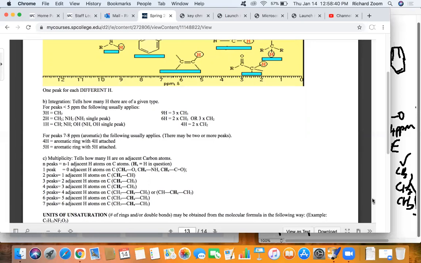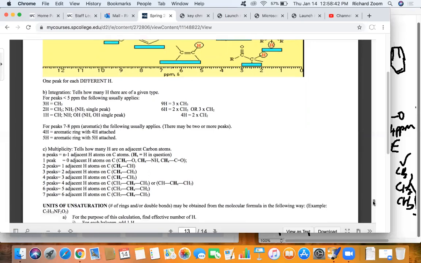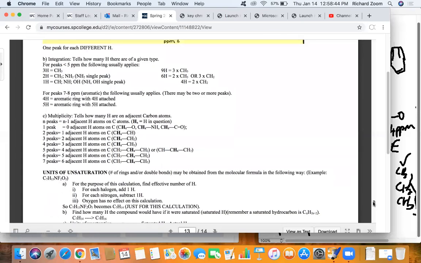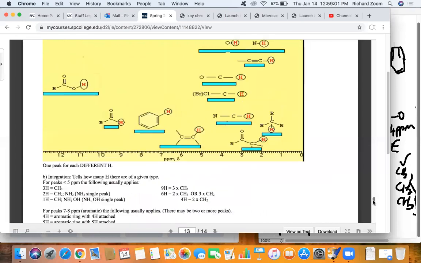There's also, on this same chart, which you have access to obviously on the test, units of unsaturation. So the rules for units of unsaturation, as well as an example of how to figure out how many units or unsaturations or double bond equivalents there are in a compound. So that's stuff you already have access to.